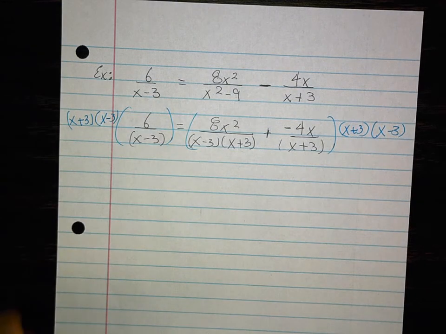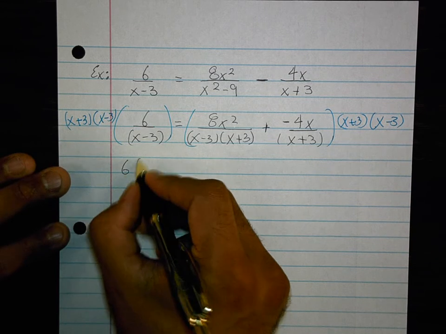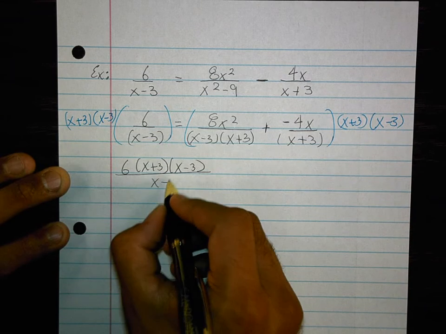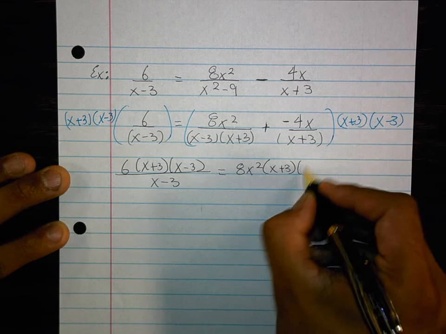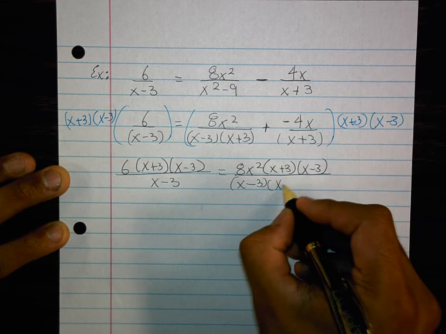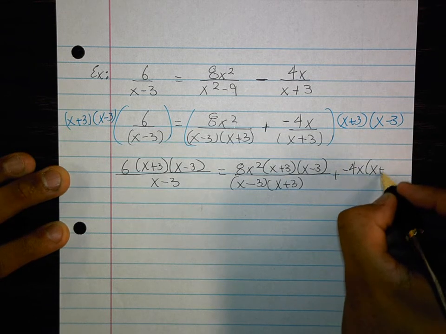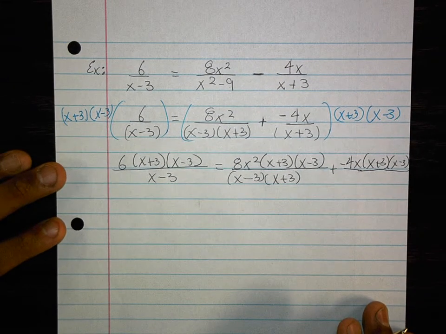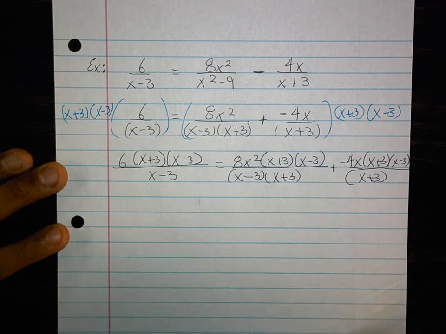So rewriting all of this, we're looking at 6 times x plus 3, x minus 3 all over x minus 3 equals 8x squared times x plus 3, x minus 3, all over x minus 3, x plus 3, plus negative 4, x plus 3, x minus 3. And some of this stuff you can probably skip a step or two and take some of it out, but to make sure we don't lose anybody, I want to make sure I show all the steps.